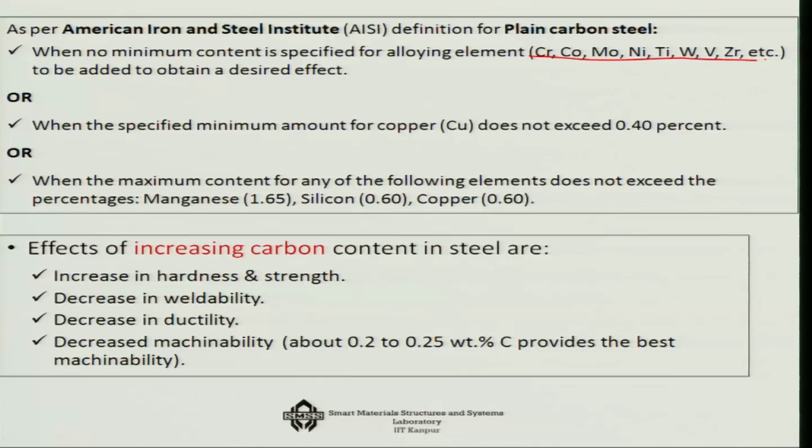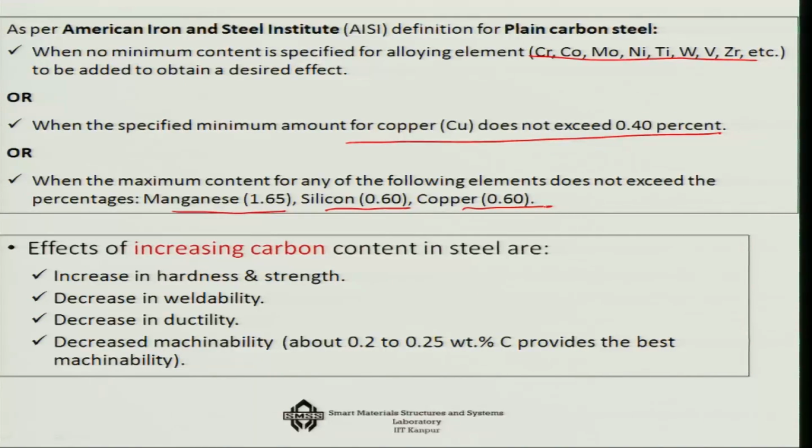Again, the copper also should not be more than 0.4%. And finally, the maximum content is restricted for manganese to 1.65, silicon to 0.6 and copper to 0.6.